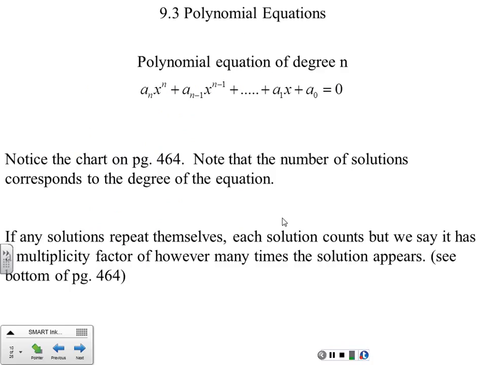All right, so the next thing we're going to do is polynomial equations. So, I don't think it's page 464 anymore. It's something that we've already talked about anyway. It's page 488.